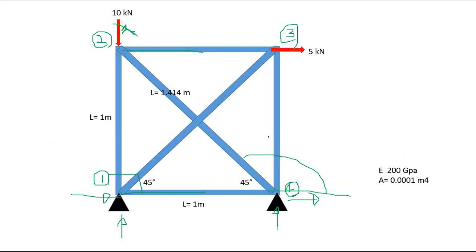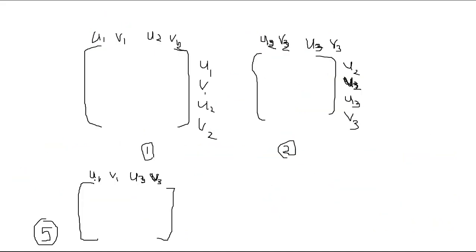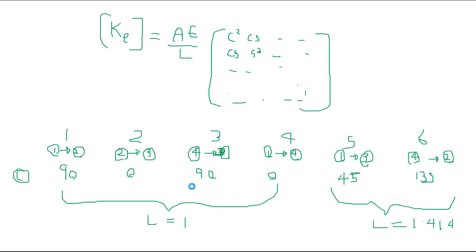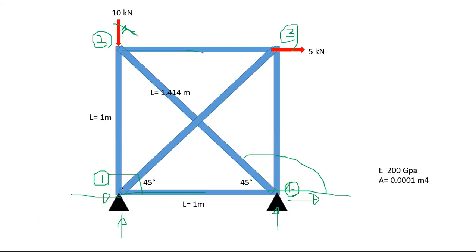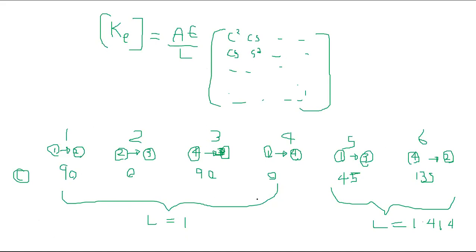Element 1 is connected from node 1 to node 3, so U1, V1, U3, V3. That element is okay. Then you have 1 to 4, the fourth element, right?